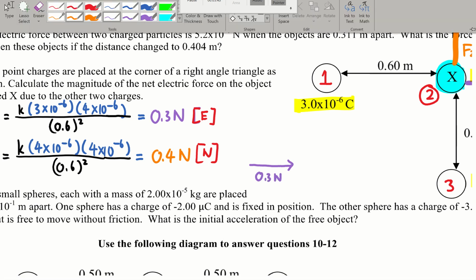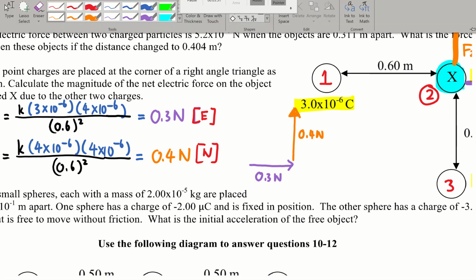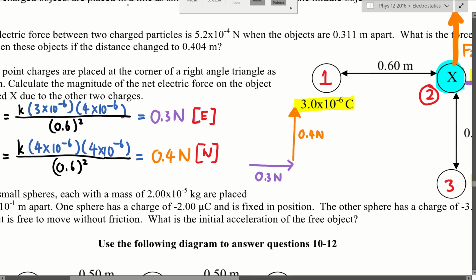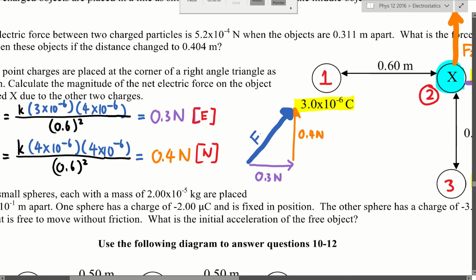Go north, which is the orange force, 0.4 Newton. And then the resultant, if you go east and go north, is this way. This is your net force, the net electric force pointing in that direction.